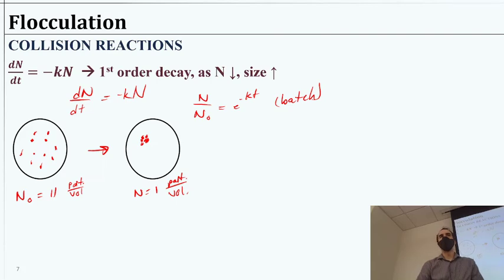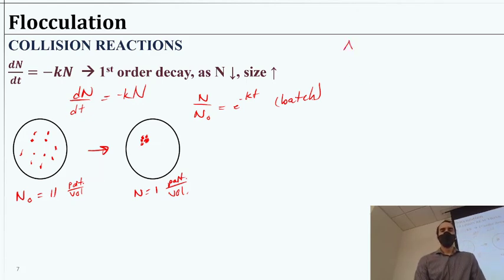The meaning of the n over n naught directly relates to the size of the particles here, right? If we know something about the size of the initial particles, then based on our n over n naught, we know something about the size of the final particles, okay? So there's a lot we can do with this mass balance just because we're assuming that the particles are discrete and we have no change in volume or density or anything like that.